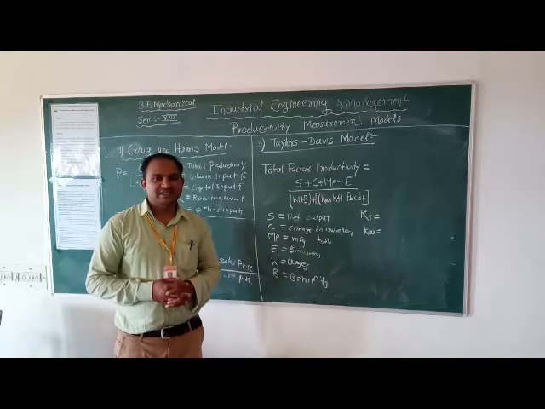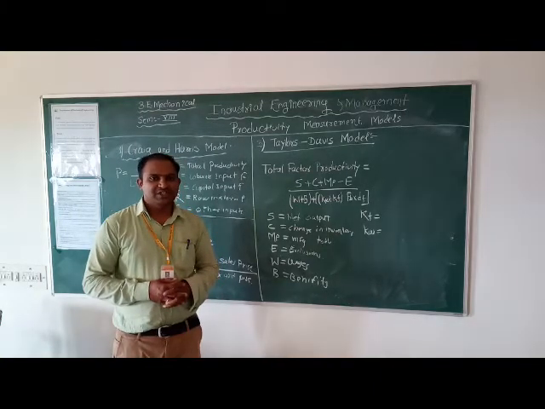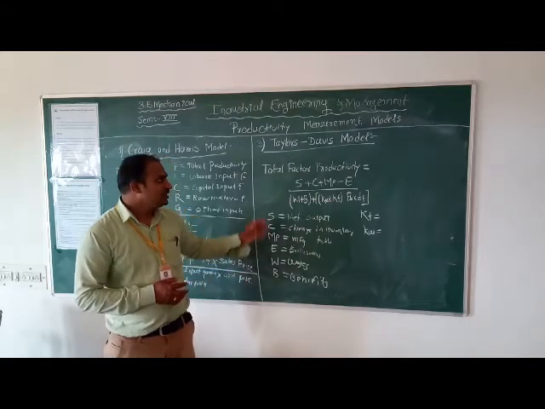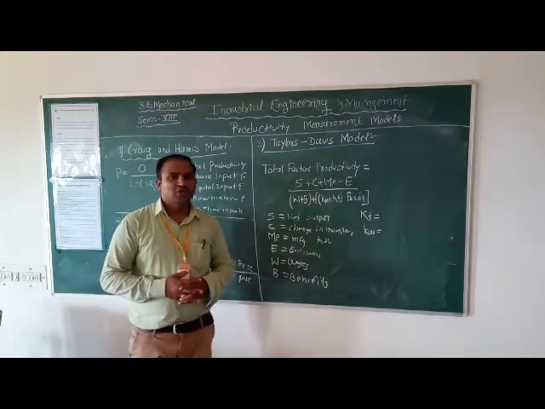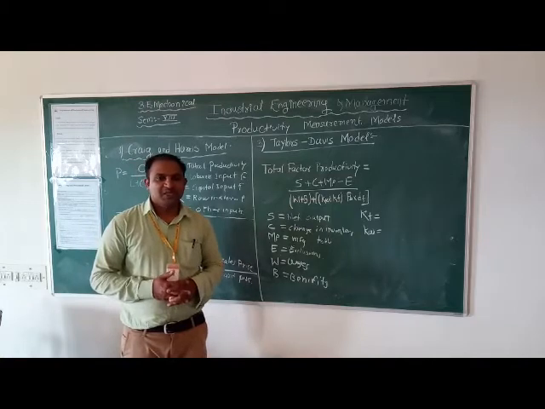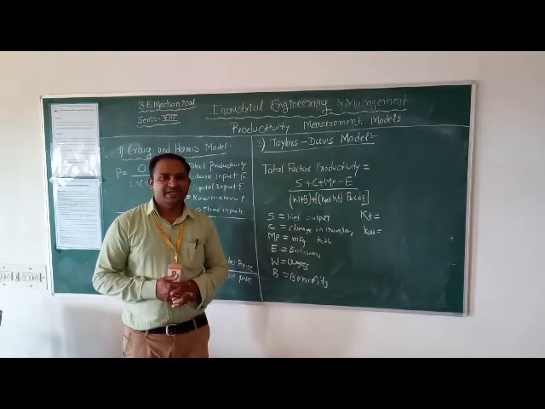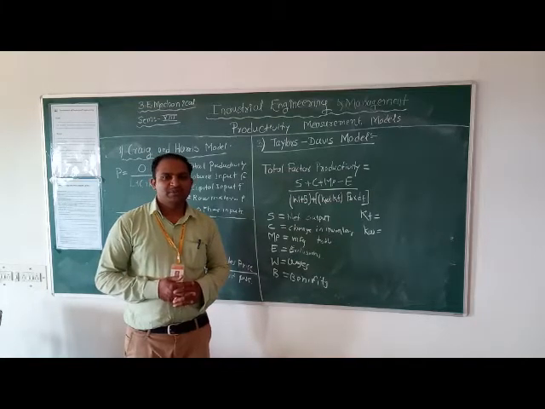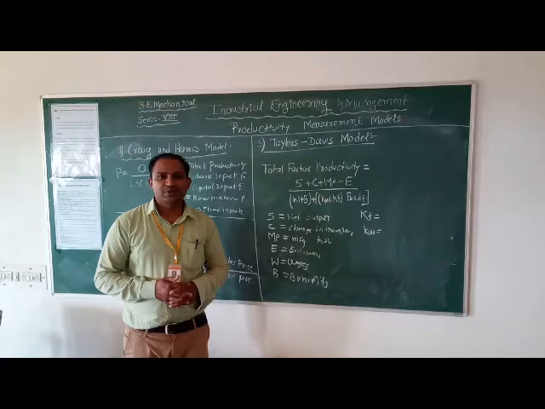Other than services, some components are used. Here we calculate total factor productivity. The total factor productivity is different from the total productivity. In total productivity, all the output is compared with the given inputs.